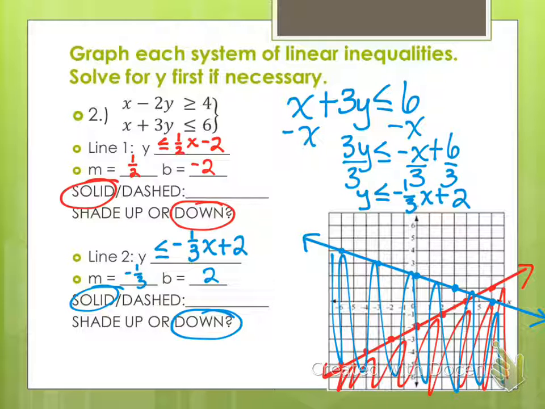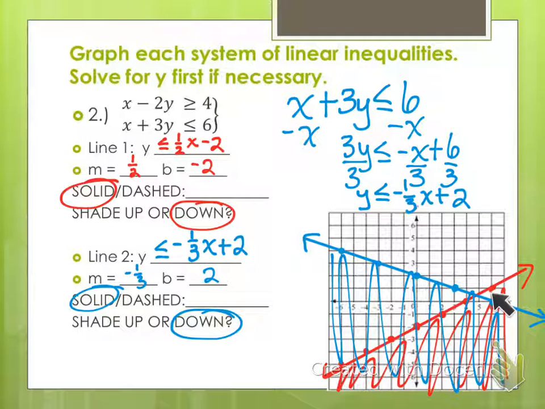So I have to decide now, where do those shaded regions overlap each other? Where do we think? Top, bottom, left, right? Towards the bottom. This big section towards the bottom.